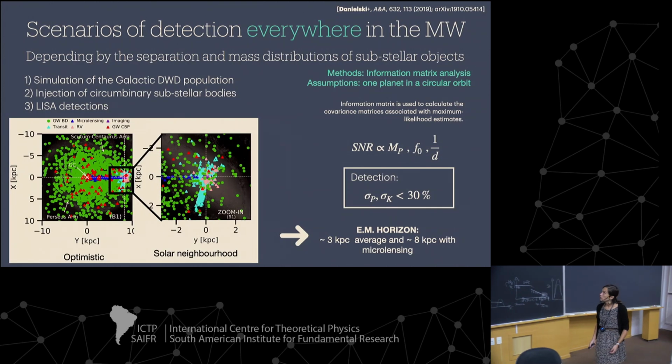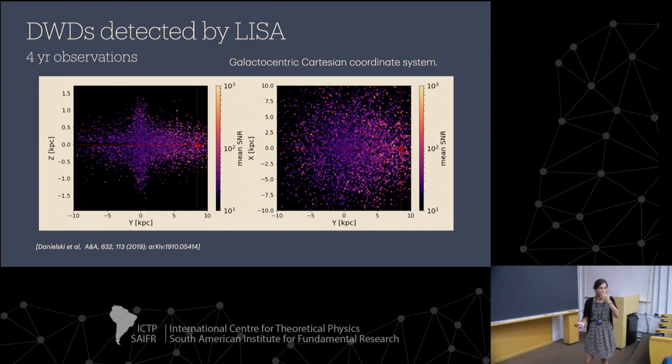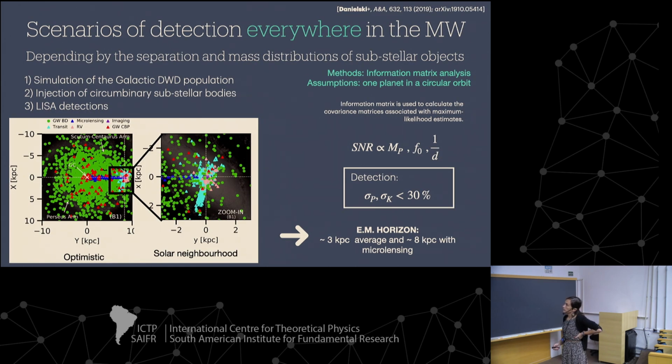Okay. So on this population of double white dwarfs, we injected exoplanets with different distributions, in a similar way to what I showed you before with the other work. Then we tested how many we could retrieve. In the optimistic case, this is still our galaxy from above.